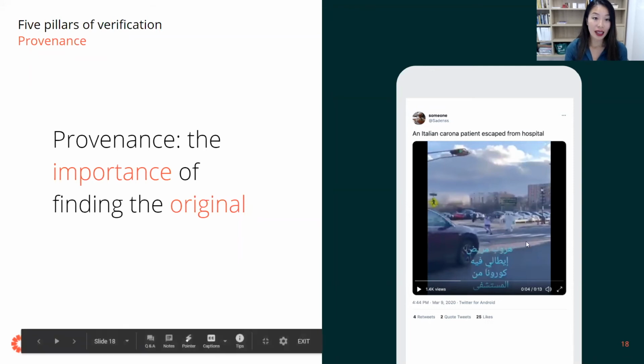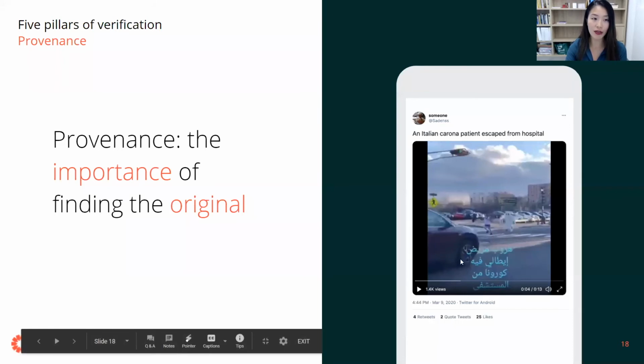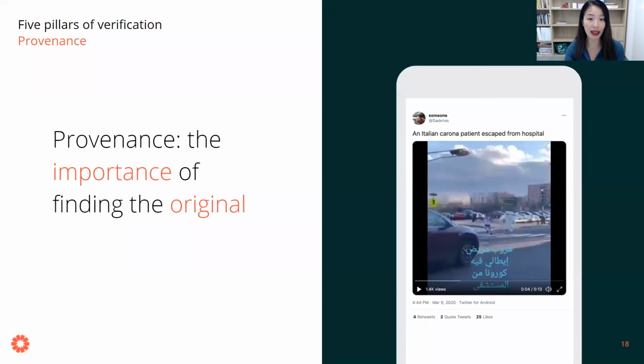So this is actually a video of a man screaming and running down the street, and some people in hazmat suits were chasing him. And the caption says, an Italian corona patient escaped from the hospital. But the strange thing is the on-screen text here is Arabic. So was it really Italy? That's a bit of a red flag there.